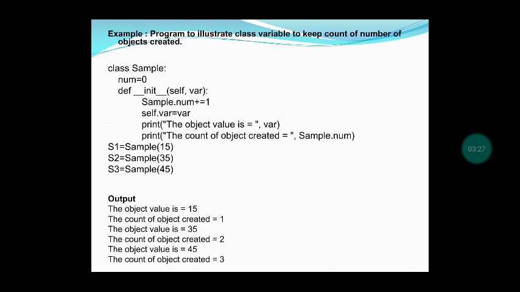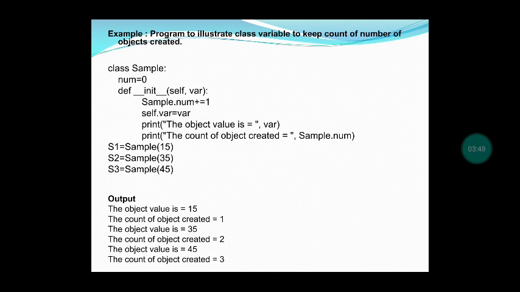Next, let us see with the constructor how many objects can be created in this program. The same program which we have seen earlier, but here 3 objects have been created. In the previous example we created only one object, with value 10.